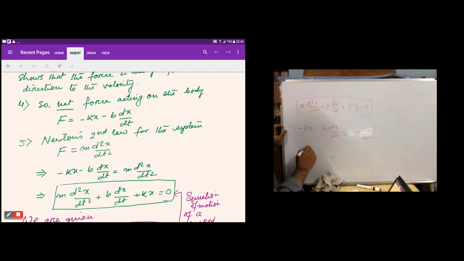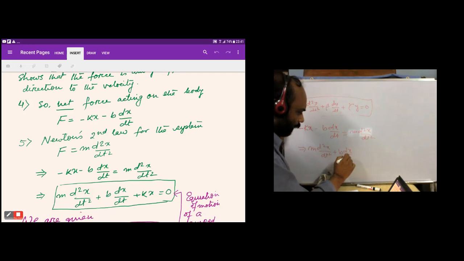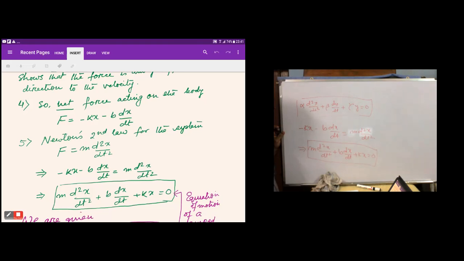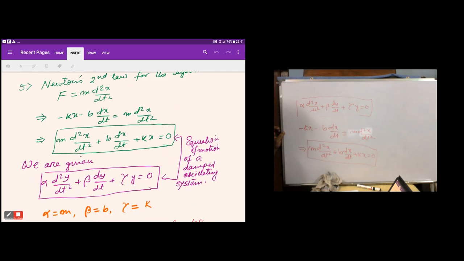So that gives us m d2x by dt square plus b dx by dt plus kx equal to 0. This we know. So this is the equation of motion of a damped oscillating system.